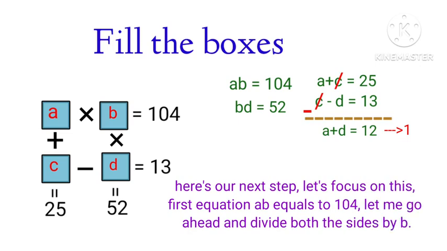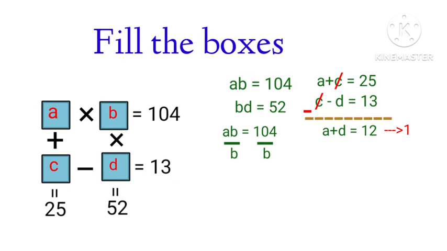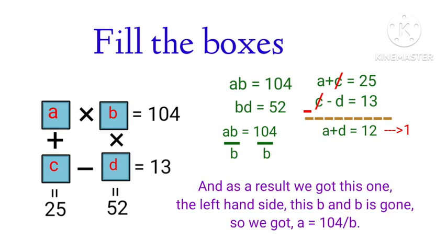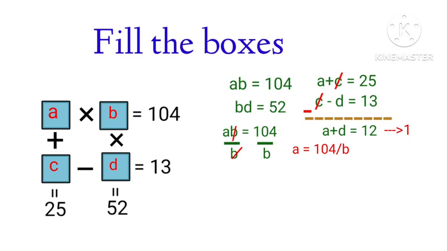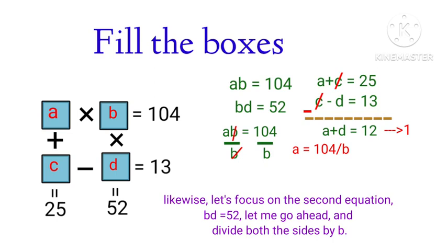Here's our next step. Let's focus on the first equation, AB equals 104. Let me divide both sides by B. As a result, on the left hand side, this B and B is gone, so we got A equals 104 divided by B. Likewise, let's focus on the second equation, BD equals 52.